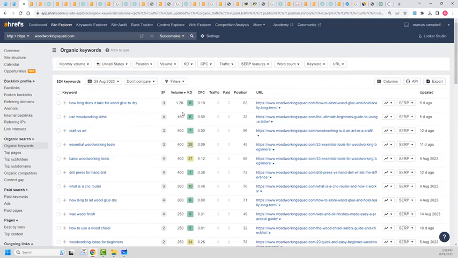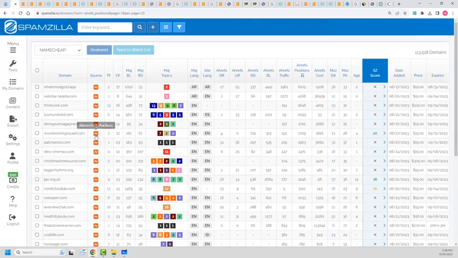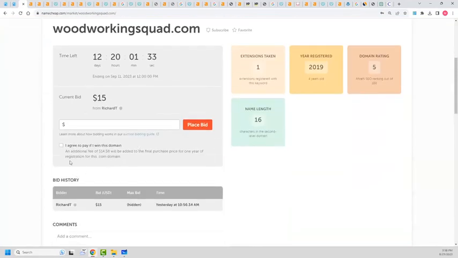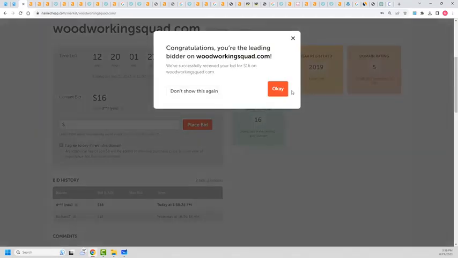How long does it take for wood glue to dry? I would say if I was starting a woodworking site, oh, it's 15 bucks. I thought it was more than that, but yeah, it's decent, right? Now it does have 12 days to go, so it's probably going to go over $100 or $200 or whatever.